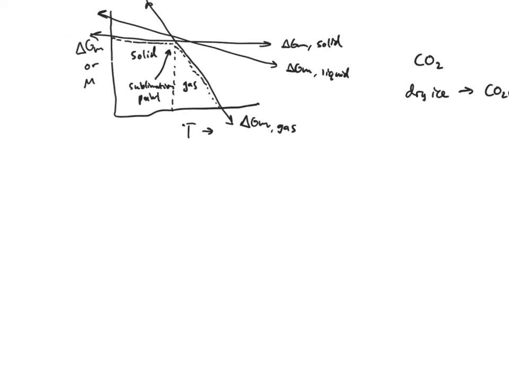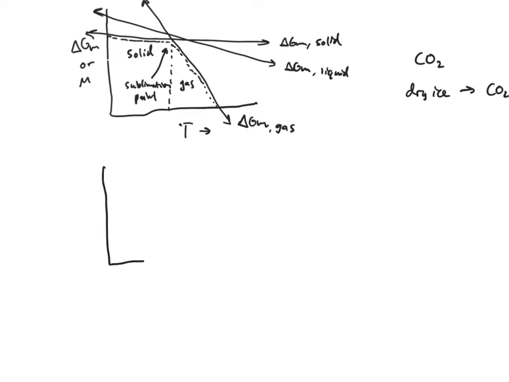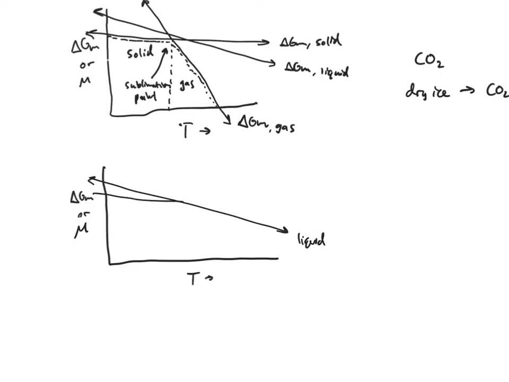Now let's consider one more possibility with regards to temperature change, delta Gm, or chemical potential mu. We've got our liquid line again. And then we've got our solid line here.